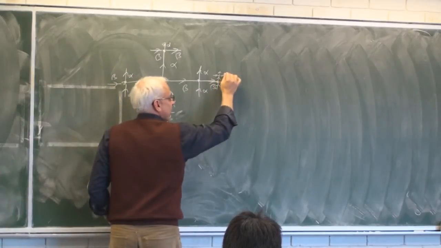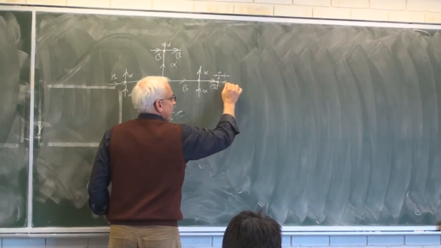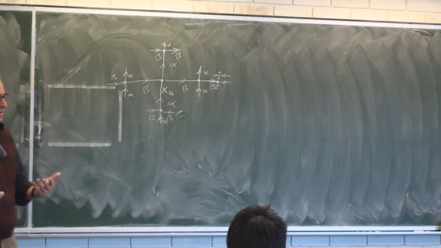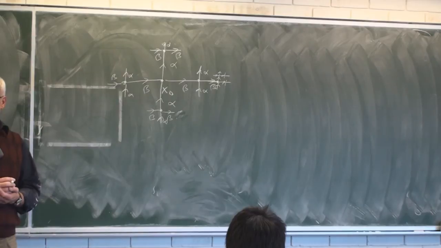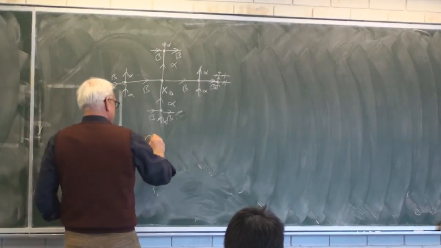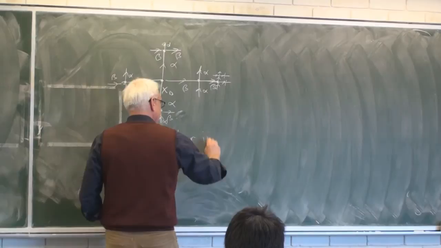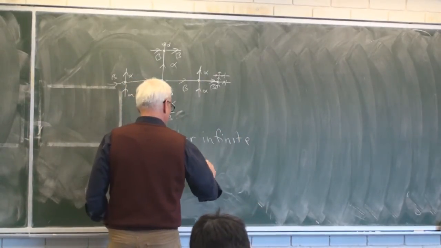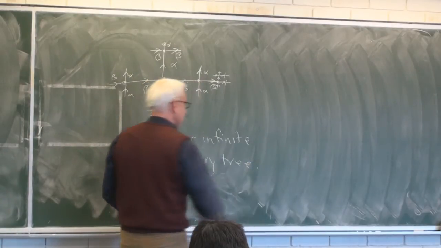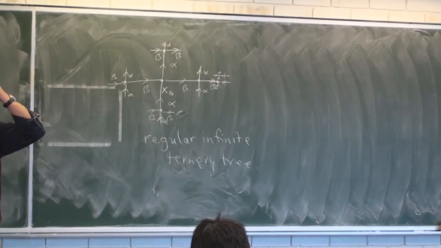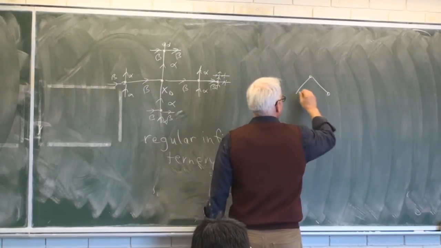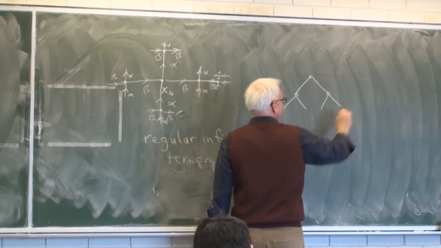And then I get what graph theorists call an infinite, regular, ternary tree. It's some kind of analog of a binary tree, where you have something like this, and then at each node you have two more going out.